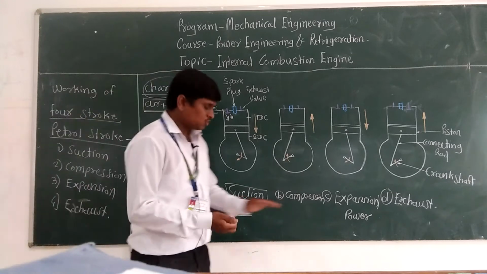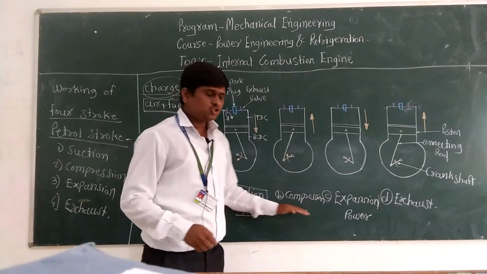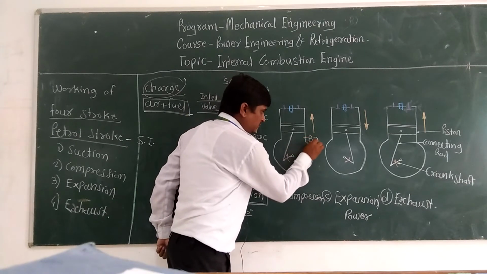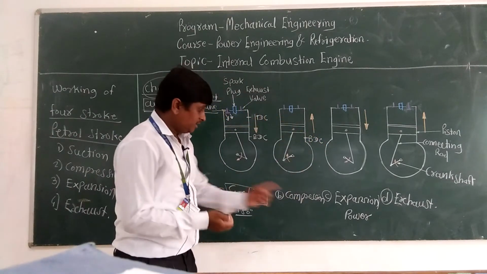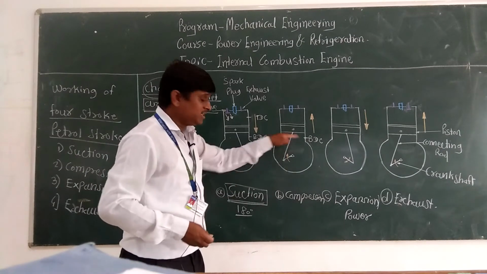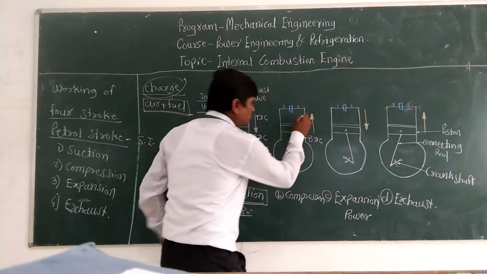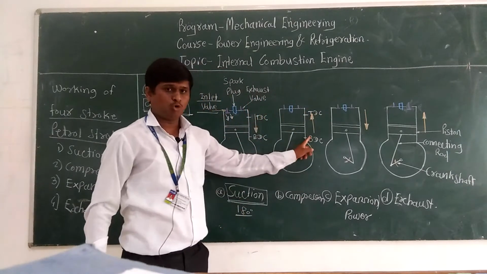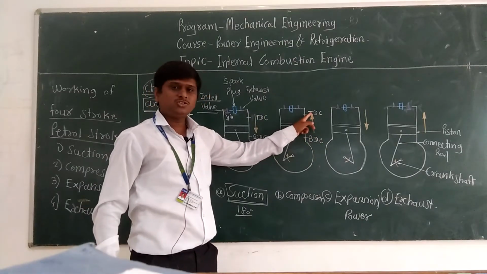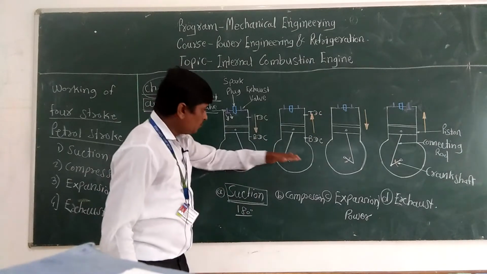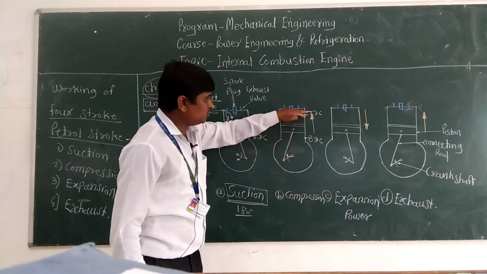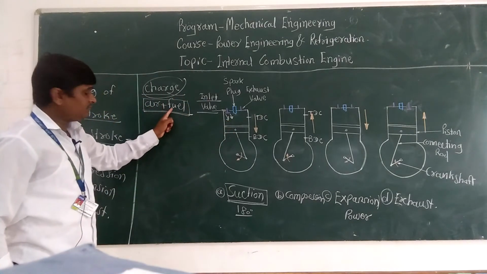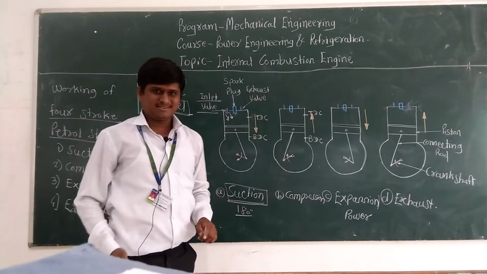Another stroke is the compression stroke. In the suction stroke, the piston ends at the BDC position, and in the compression stroke, the piston moves from BDC to TDC. BDC means bottom dead center, TDC means top dead center. When the piston moves from BDC to TDC, the charge, the air and fuel mixture, is compressed.